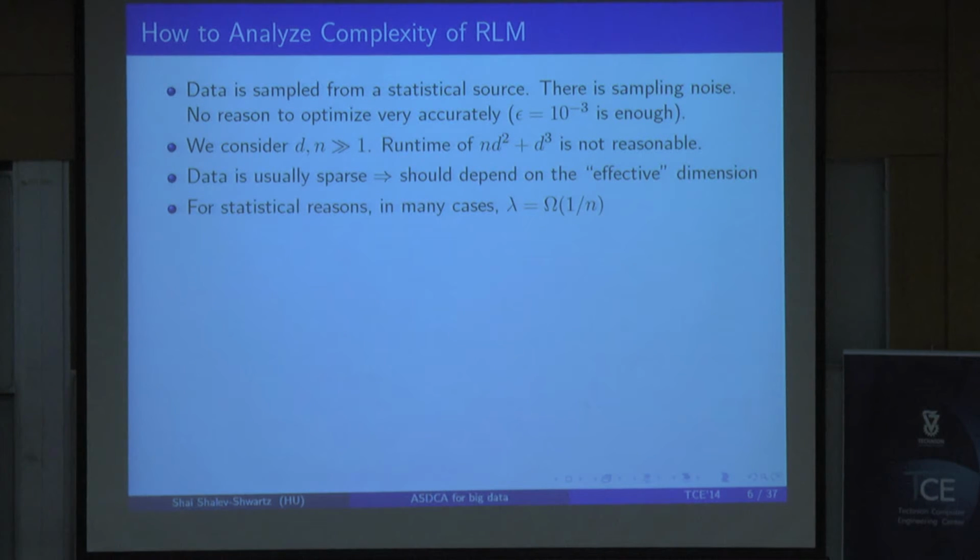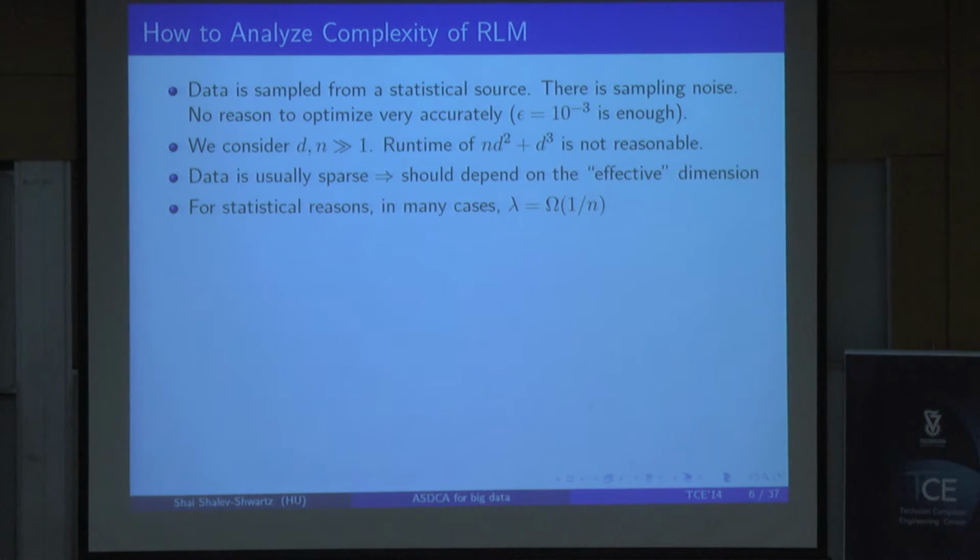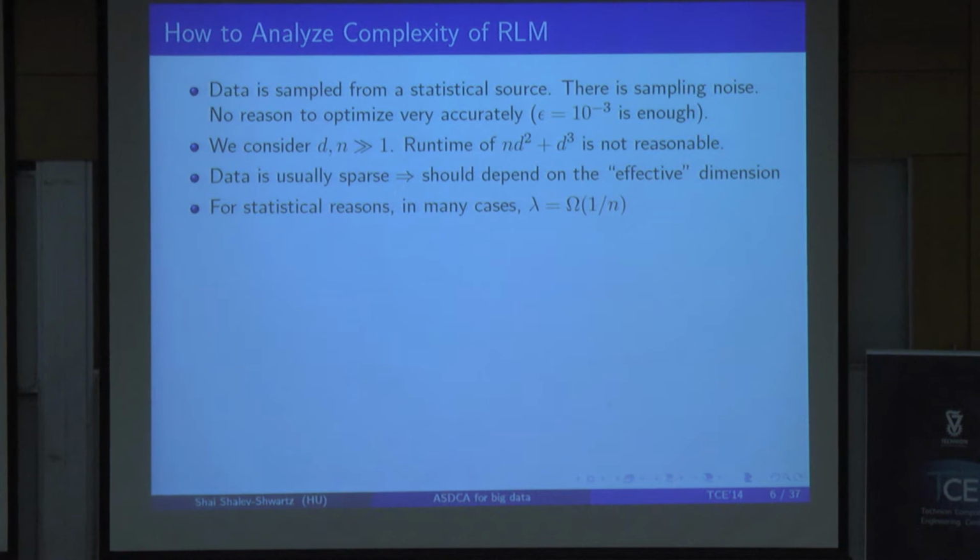Another aspect of such problems is that data is usually sparse, meaning that for every x_i, most of the elements of x_i are 0, and just a few of them are non-zero. And also, for statistical reasons, in many cases, lambda should be of order 1 over n.